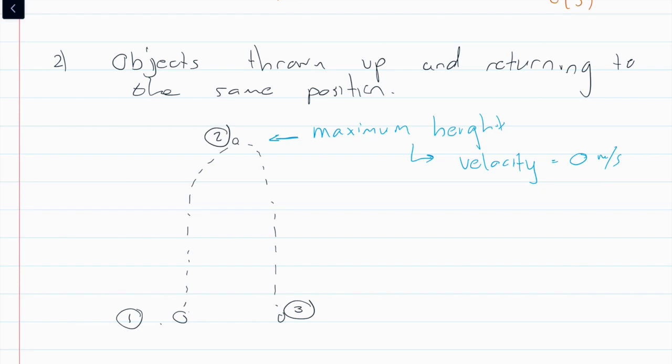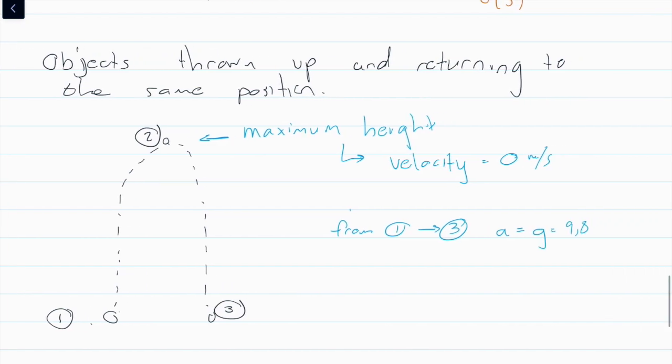It stops, essentially. Then we can also say that throughout the entire journey, from 1 all the way to 3, the acceleration is constant and equal to g, which is 9.8 meters per second squared, and it's always acting in the downwards direction.